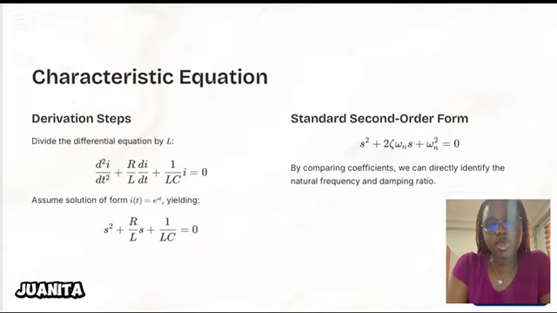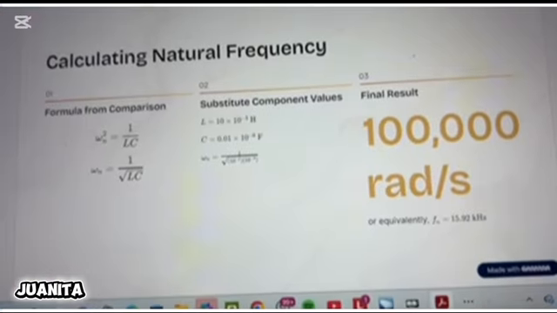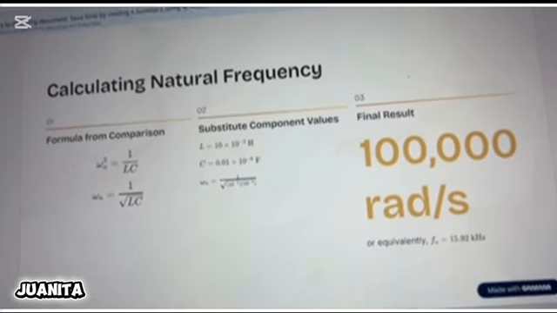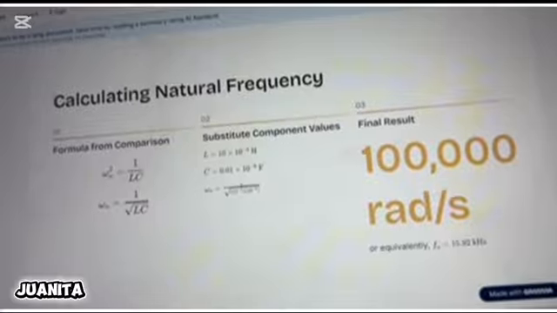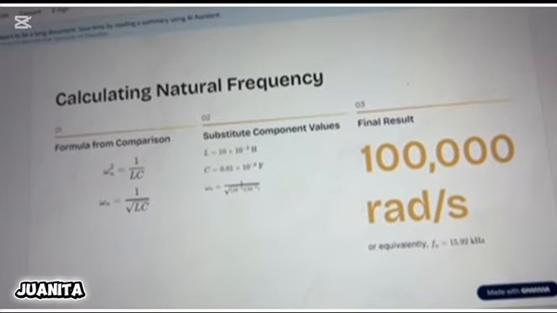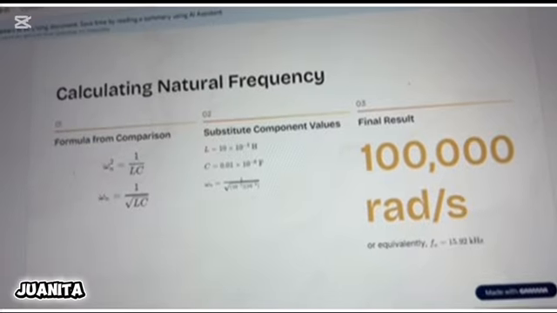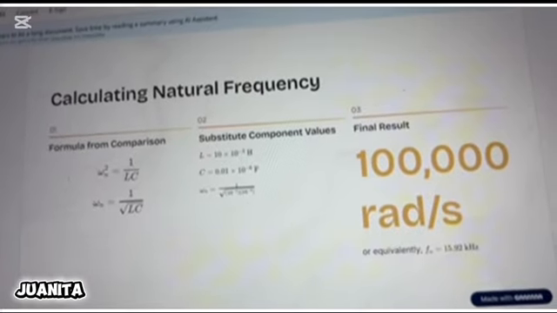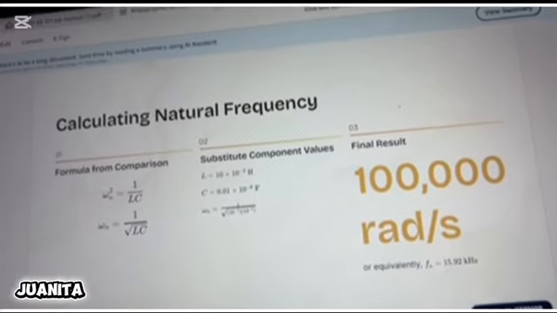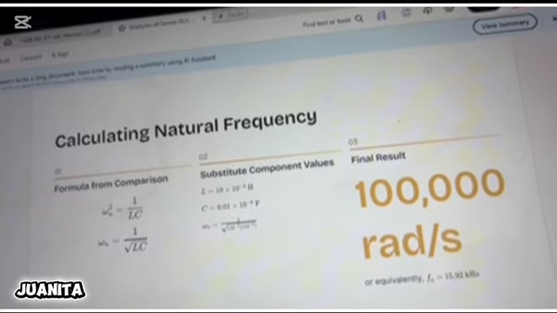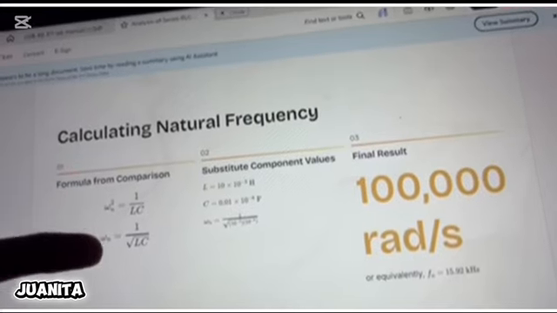Okay, everyone. It's another mouthful, and I'll be taking us through slides 10 and 11. Now that we have derived the characteristic equation of the system, we can move on to extracting two very important parameters that describe how the circuit behaves: the natural frequency and the damping ratio. Let's begin with the undamped natural frequency, denoted by omega n.